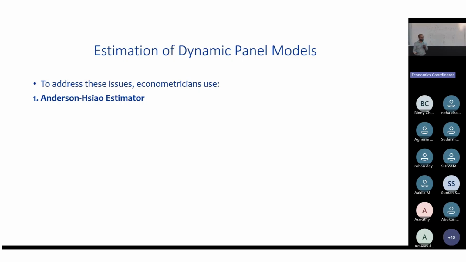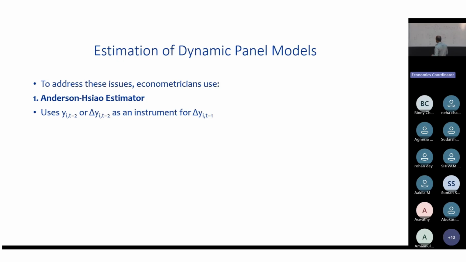See, now we have solved the problem, right? This is what the Anderson-Hsiao model does. In fact, all the dynamic panel data models use this approach. They come up with different instrumental variables to overcome this problem. Is that part clear, or any questions?